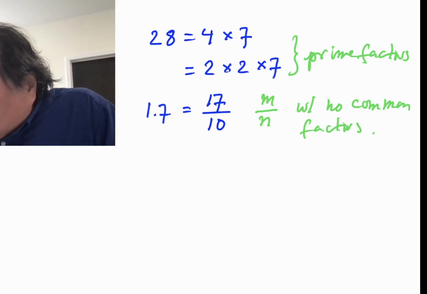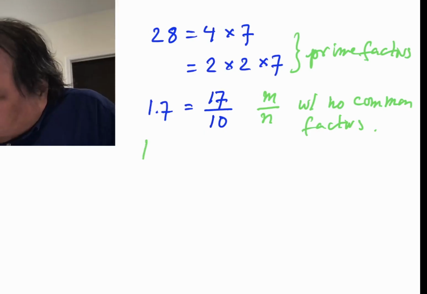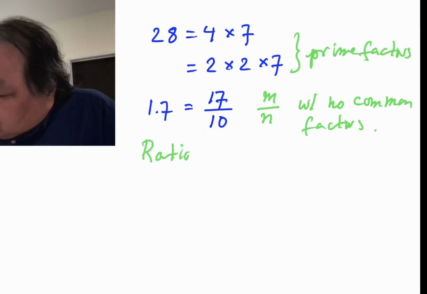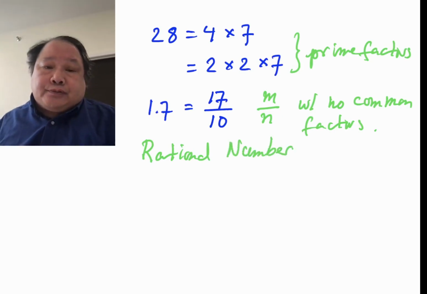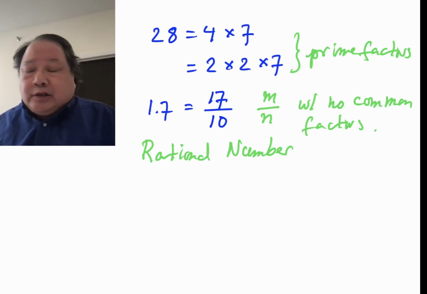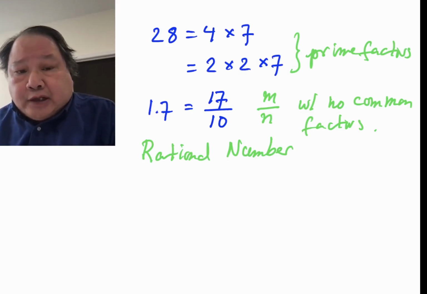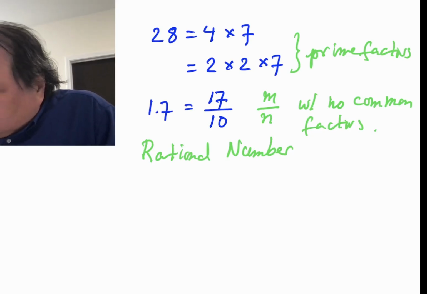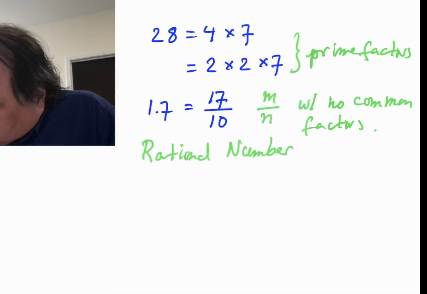A rational number is the ratio of two whole numbers. And finally, he explained that any number that's not rational is an irrational number.